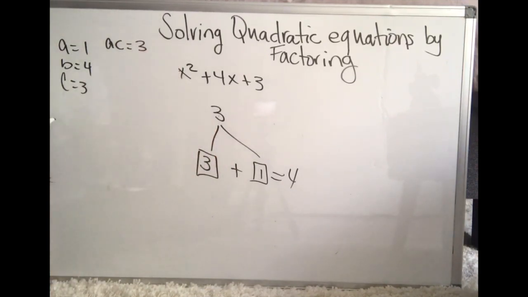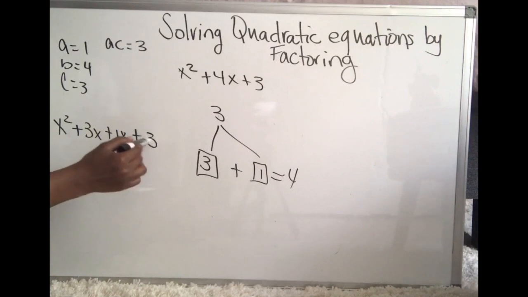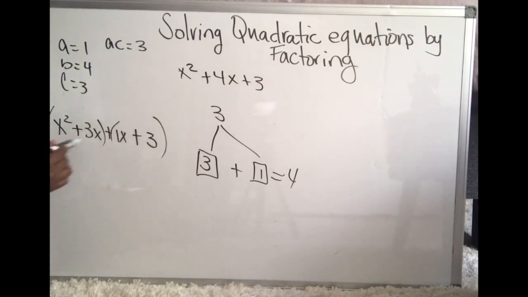So now I am going to do x squared plus 3x plus 1x, and instead of writing the 4x, 3x plus 1x does give me that, but I'm about to show you how to factor by grouping. Plus 3. So now these are grouped together, and this one, what do we have as our GCF? I'm going to remove x.